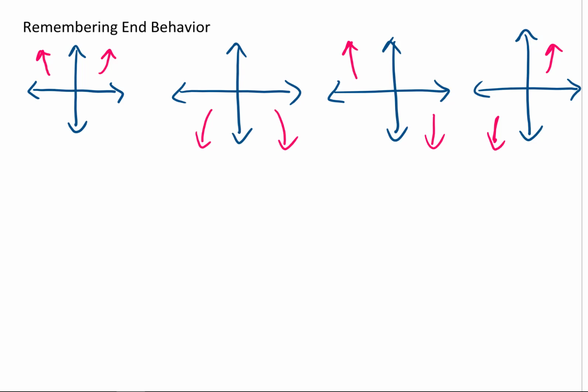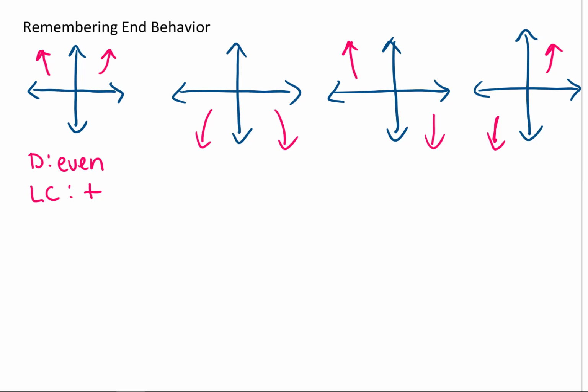In the first example, if we have up, up, that means that our degree is going to be an even number and that our leading coefficient is going to be positive. So same direction of end behavior means even. The reason why the leading coefficient is positive is because we do not have a reflection in the x-axis.